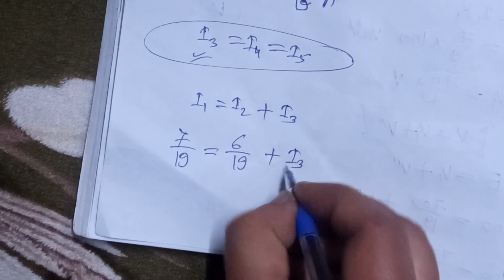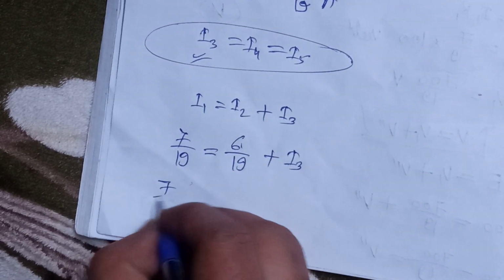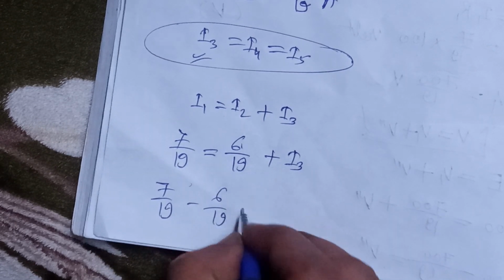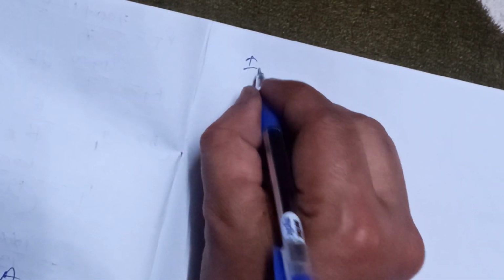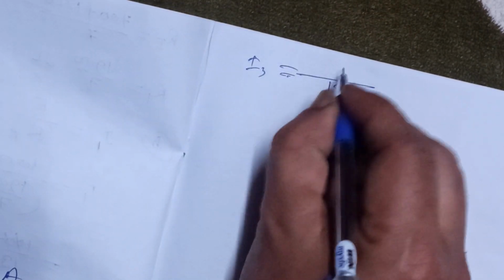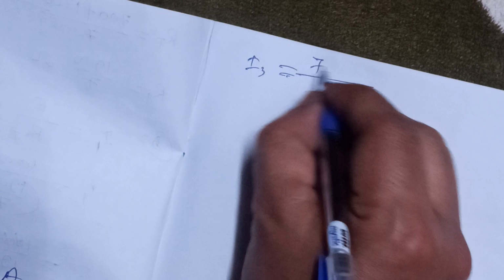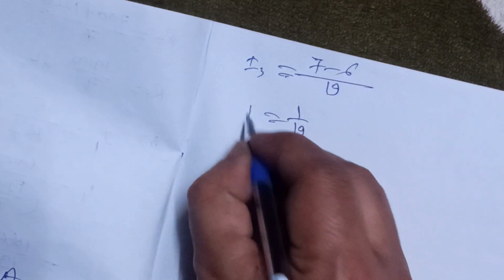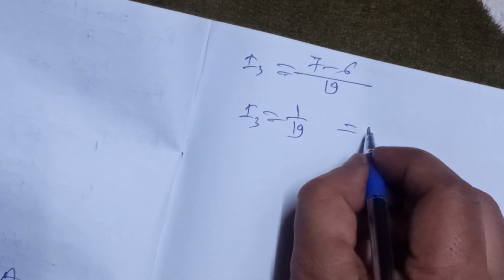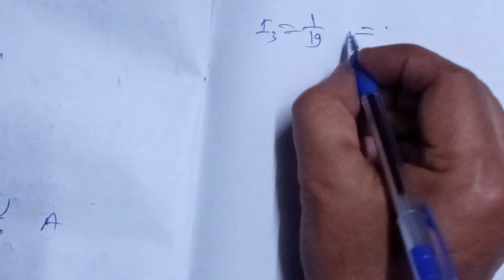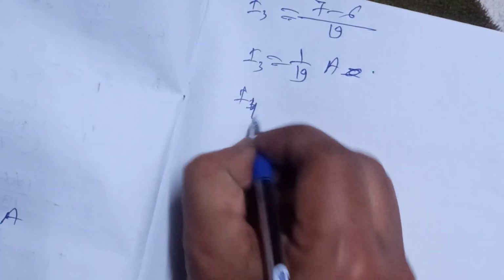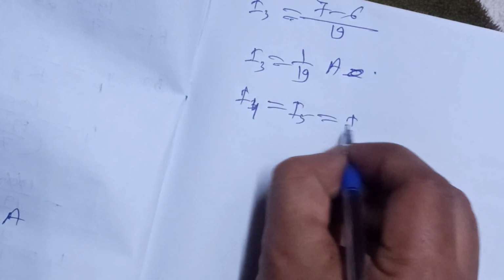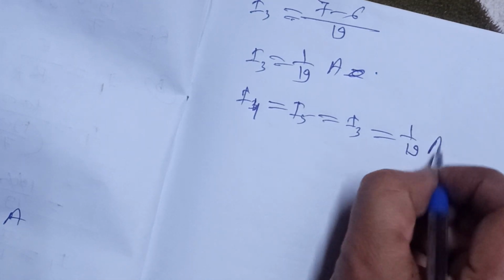So we can easily find I3 by transposing this term to the left hand side. Taking LCM 19, it is 7 minus 6, so I3 is 1 upon 19 ampere. Also we know that I4 and I5 are equal to I3. So all these values are equal to 1 upon 19 ampere.